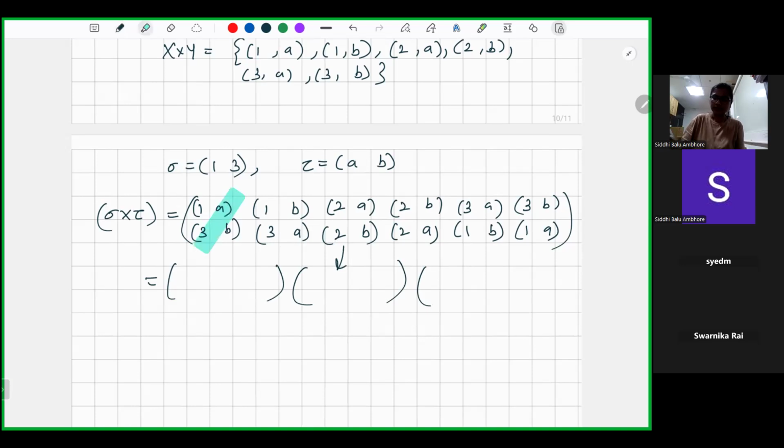I will color them the same. So these will be 3 transpositions and the signature will be to the power 3.